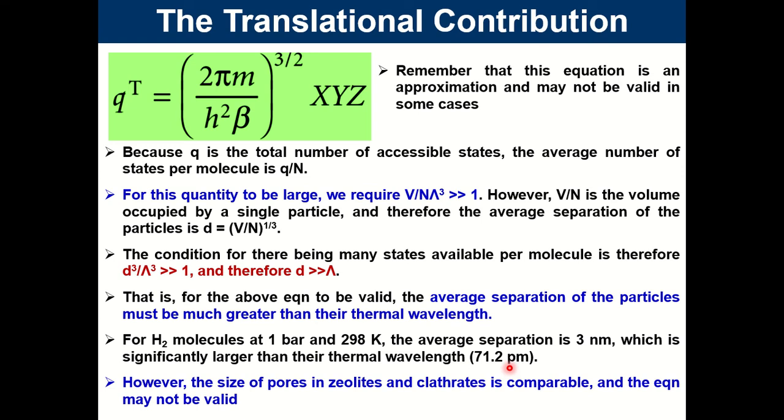This is the case for a hydrogen molecule in a normal container, in a vessel in a laboratory. The separation is much larger in comparison to the thermal wavelength, so you satisfy this condition and you can use this equation.